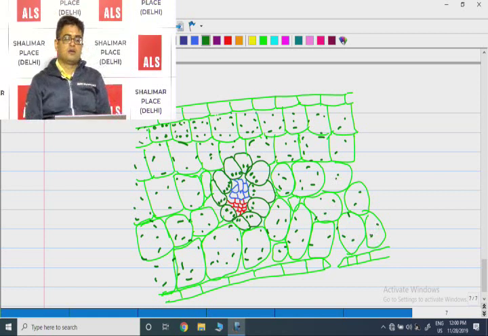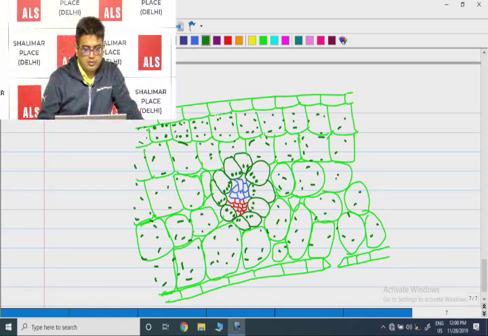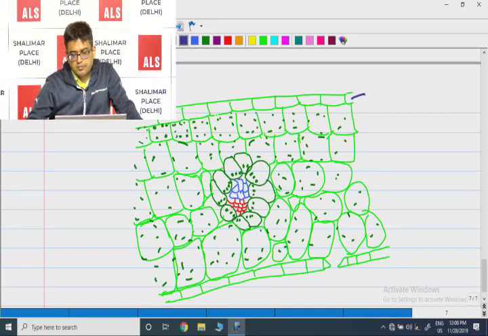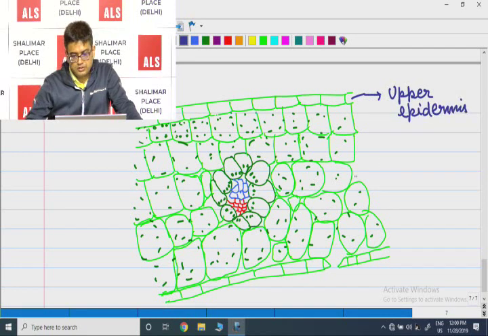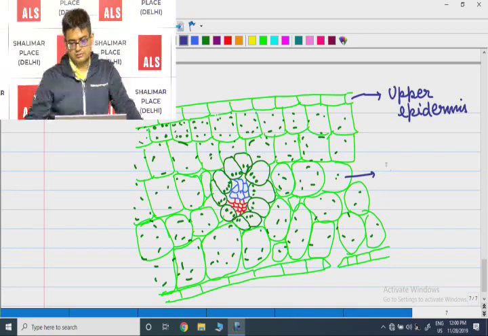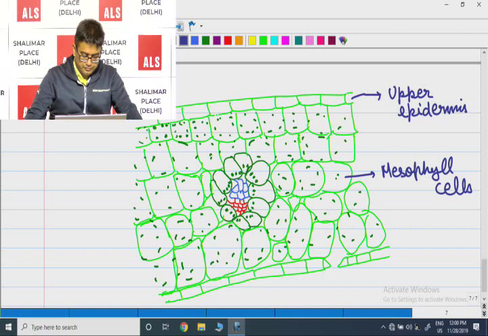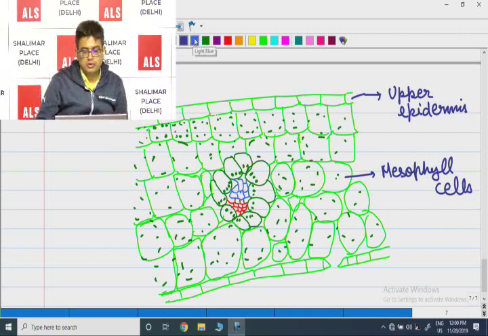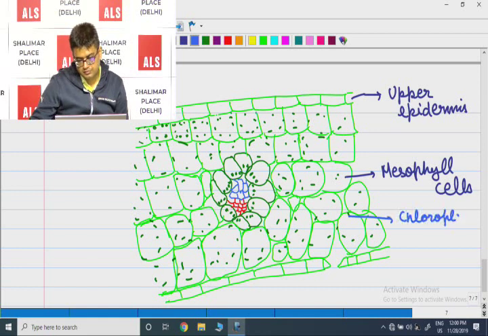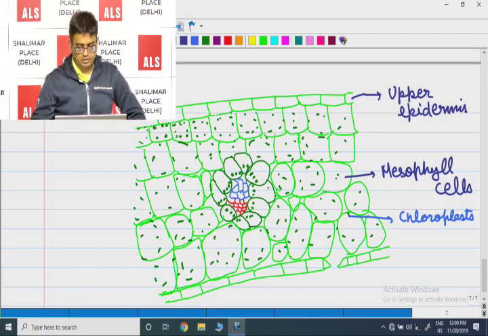Right. So this diagram is complete. Let's do the labeling part. This is the upper epidermis. These are the mesophyll cells. Then there are the chloroplasts of mesophyll cells. Then we have xylem, phloem and all that.